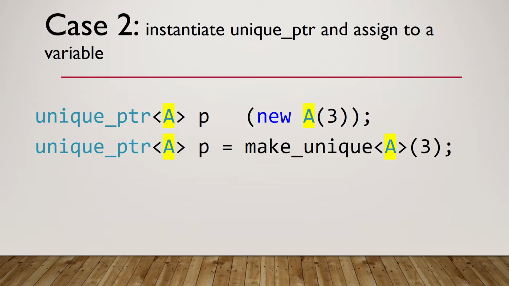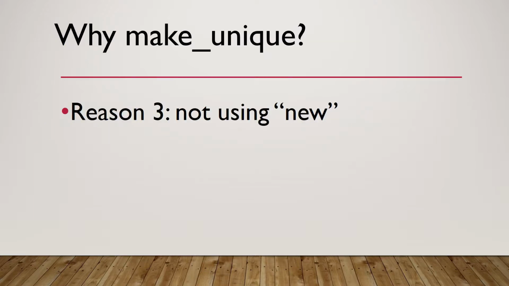But they are the same when creating and assigning to a variable as in case 2. Both require using class A twice. If the above 2 reasons are debatable, then the third reason is more solid.